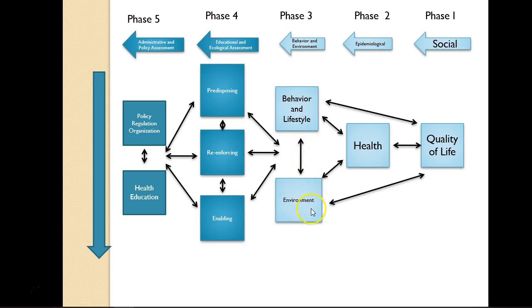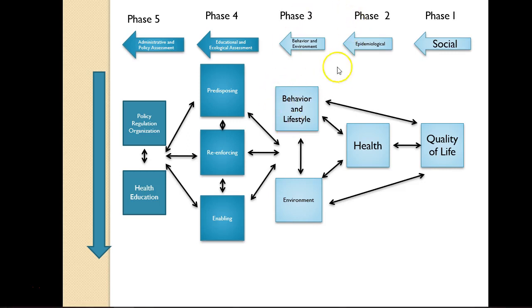What's been discovered in the last 20 years is if we create programs that only address behavior and lifestyle of individuals, and we do not address the environment in which they live and work, then the behavior and lifestyles will not be permanent changes. As soon as you put someone back into the same environment in which they've been, behaviors and lifestyles tend to revert back to where they were.